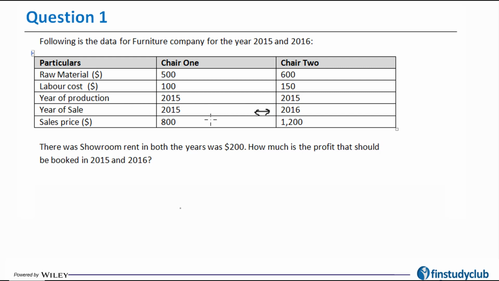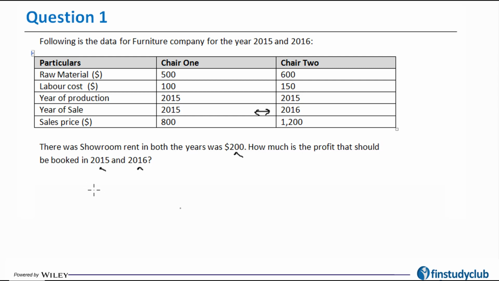One is being sold in 2015, while the other is being sold in the next year. The selling price, of course, is different according to the specifications of each chair. The question is, there was showroom rent in both the years equal to $200. How much is the profit that should be booked in 2015 and 2016?